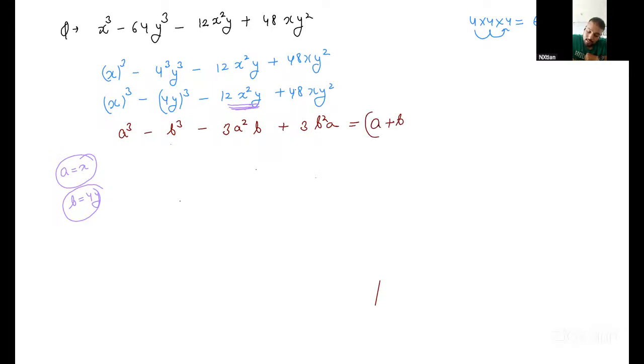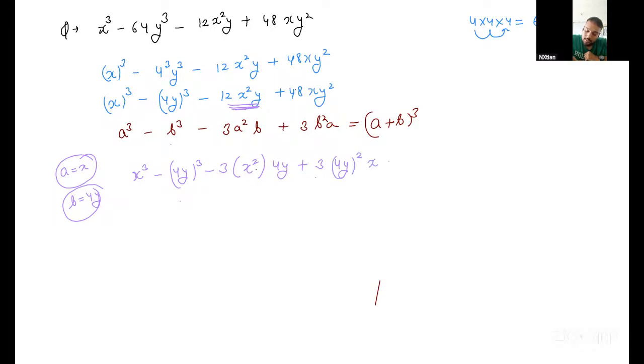So we'll check: A cube, which is X cube, minus B cube, which is 4Y cube, minus 3 into A, which is X square into B which is 4Y, plus 3 into B, which is 4Y square into A, which is X.